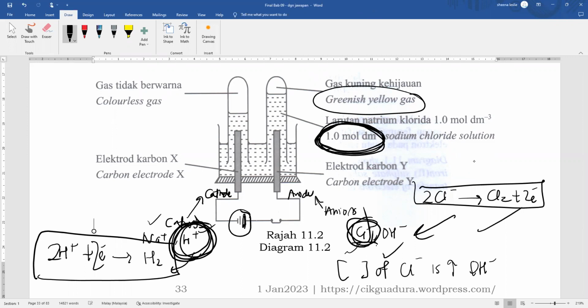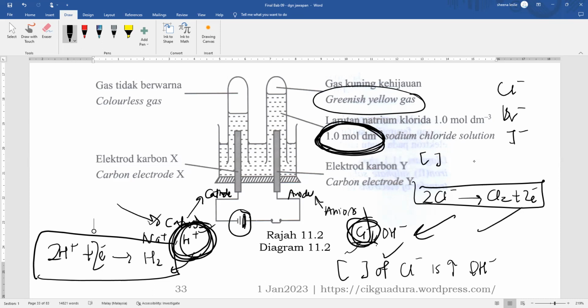Now between Na plus and H plus, why am I choosing H plus? The concentration? No. Concentration only affects Cl minus, Br minus, and I minus. So the factor at electrode Y is the concentration factor, but at electrode X I am not getting any concentration factor.